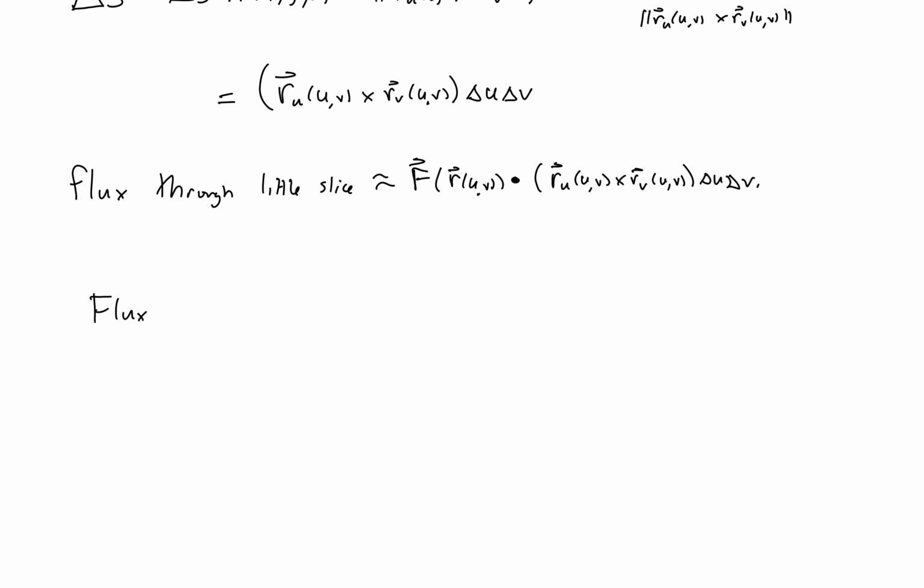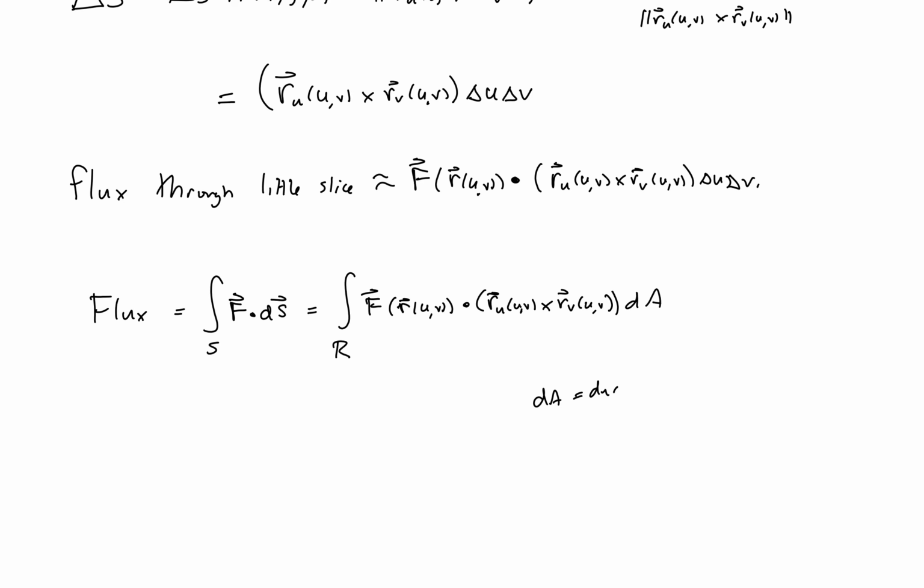And so now if we add all of these up and take the limits, we get that the flux, which was the integral over S of F dot dS, now in terms of our parameterization, is going to be the double integral over R of F of r of (u,v) dotted with r sub u of (u,v) cross r sub v of (u,v), and then we'll put dA here, but it's the dA that goes with the region R. So this dA could be du dv, or dv du, or maybe polar, depending on how we're going to choose our region.